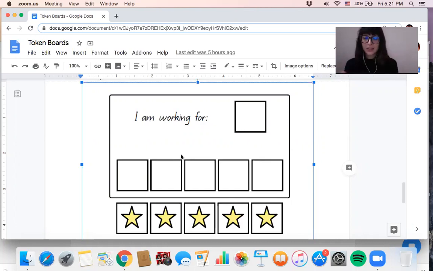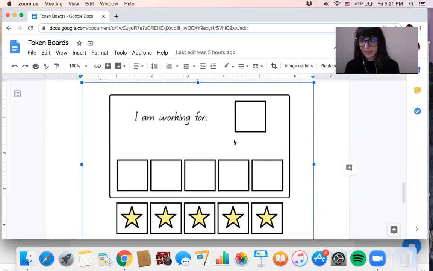It continues in this way. The next star can be for completing assignment number 2. The next star could be for cleaning up appropriately. And the next star could be for not having disruptive behavior for the duration of the task, for example.